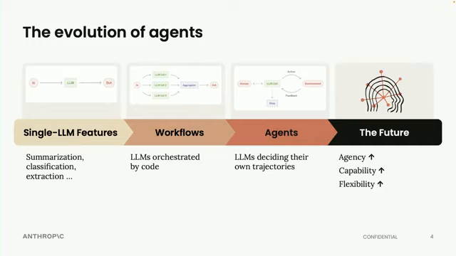As time goes on, agents will get more and more autonomous, and we're at a break point where we can start to build these agents. They're not perfect, but it's definitely the right time to get started.